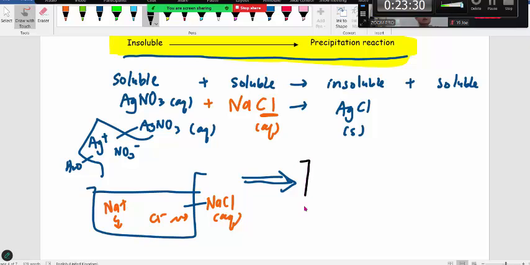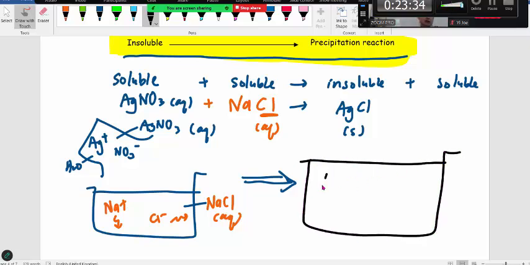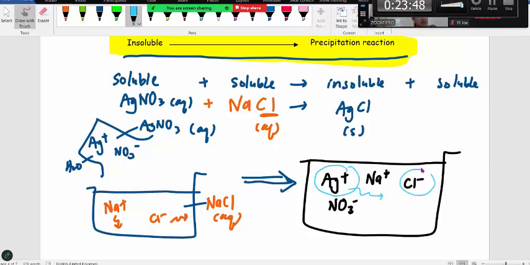Okay, this is what happens when they all mix together in one big swimming pool. Immediately, the silver will go and find the chloride.